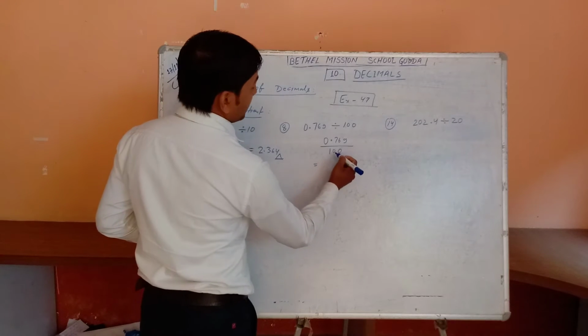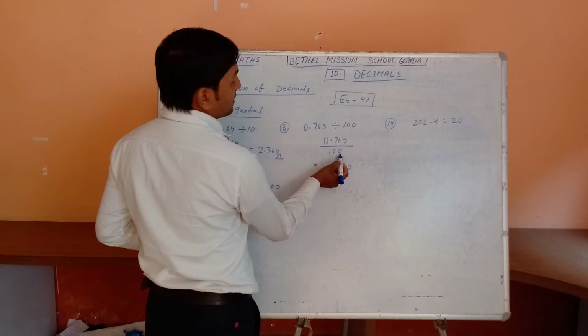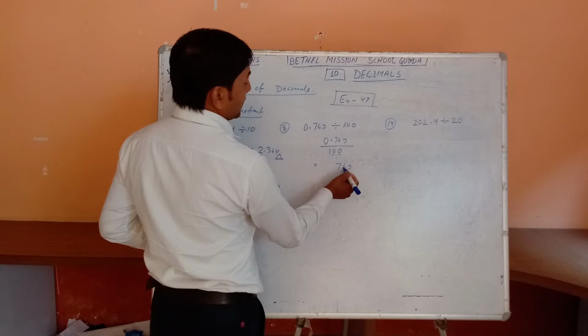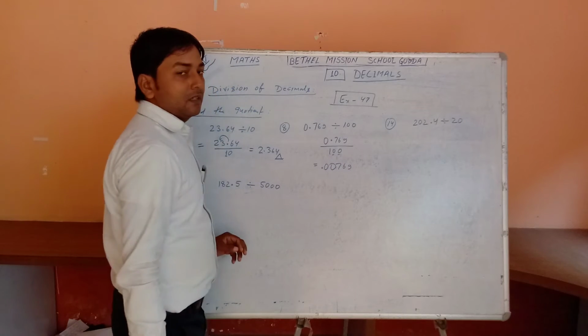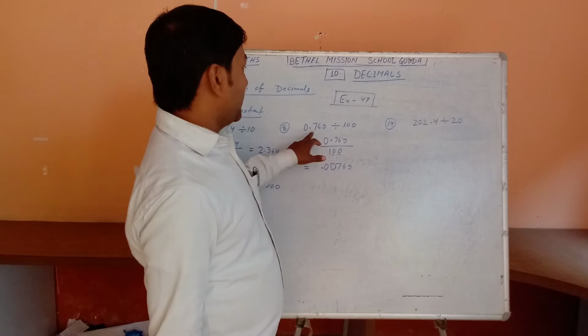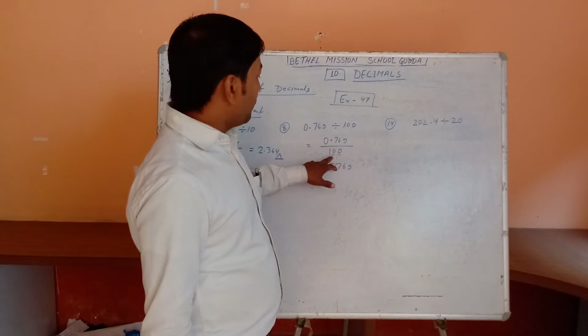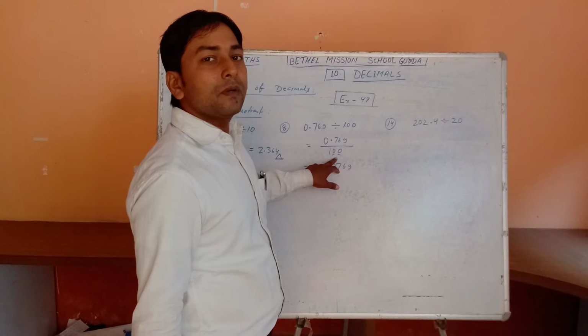We have to shift the decimal by 2 places because of the 2 zeros in 100. There are already 3 decimal places, and we divide by 100, so we have to increase the decimal places by 2.